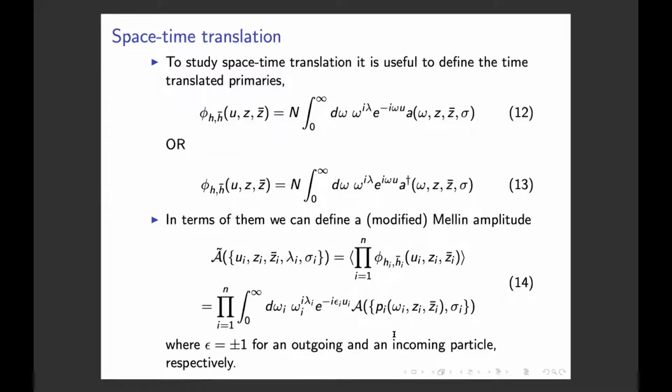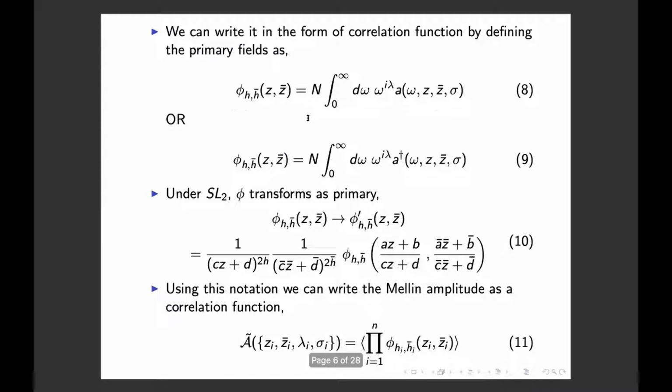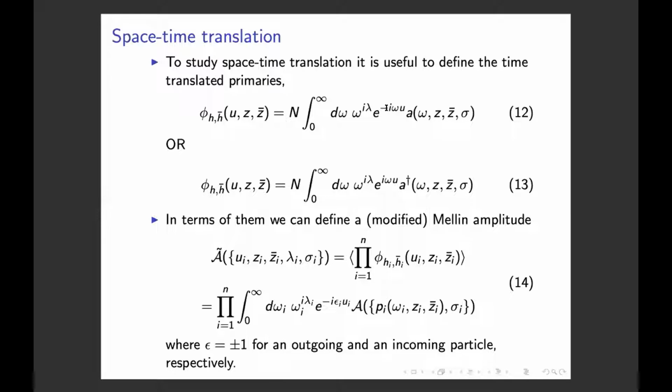Now what we want to do is define a slightly different phi, which can be defined as a time translated primary, this phi H bar, U, Z bar. It is defined in the same way as in equations 8 and 9, but now you have an extra phase factor associated with this A and A dagger, which is e to the power minus i omega u and e to the power plus i omega u.